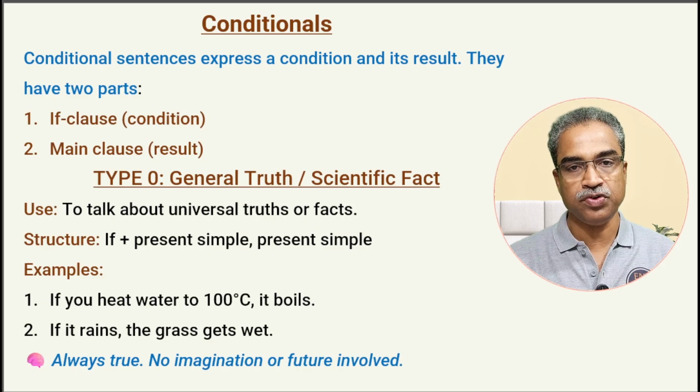Clauses, we have two types. One is the main clause or principal clause or independent clause. Three names: independent, principal, or main clause. And the other one is dependent clause or subordinate clause. That is always the if clause. If you take a sentence and analyze it into its clauses, the part that you can separate and keep, and if it gives full meaning, then it is a main clause.